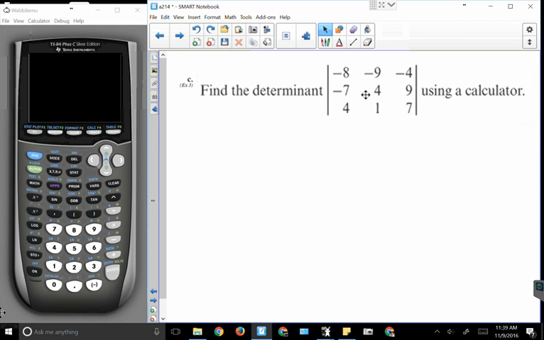Yeah, that's why you have to use the calculator. A. I'll just use A.